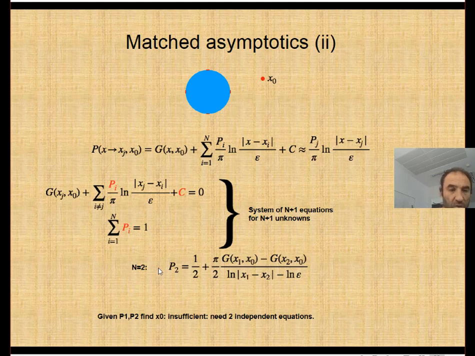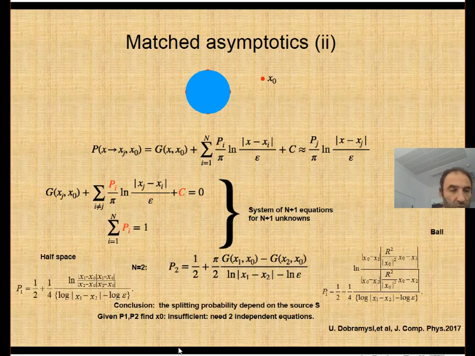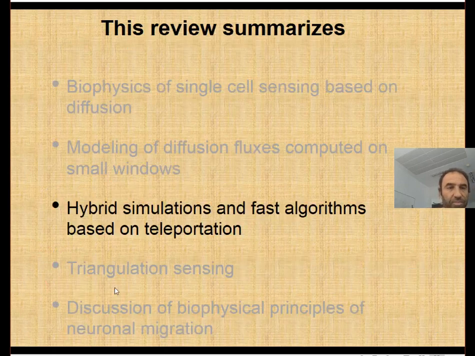This is an example that can be done in dimension 2, where you can calculate P2 and, depending on whether your system is located on a half space or on a ball, you can express this probability in terms of the Green's function.